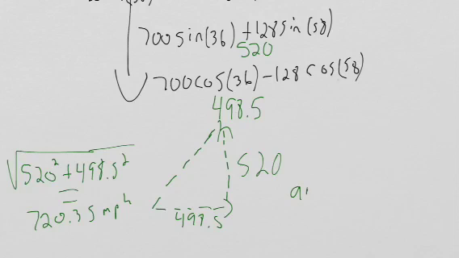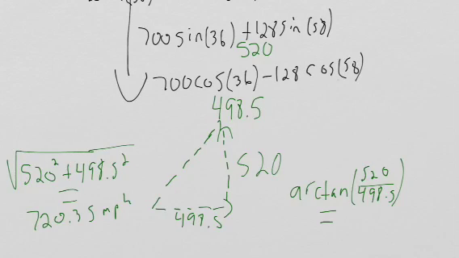So if we look at the angle we're looking for, which is this one, we're going to arctan this. If we arctan opposite over adjacent, 520 over 498.5, we're going to get an angle of 43.8 degrees. So that's this angle.